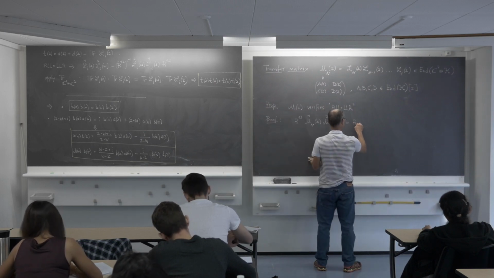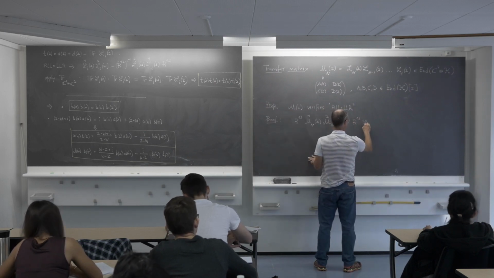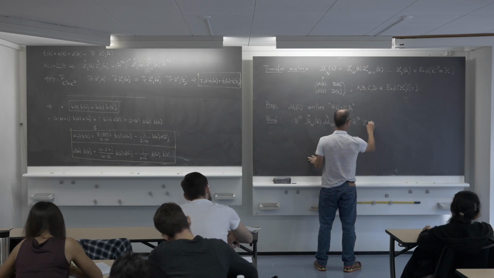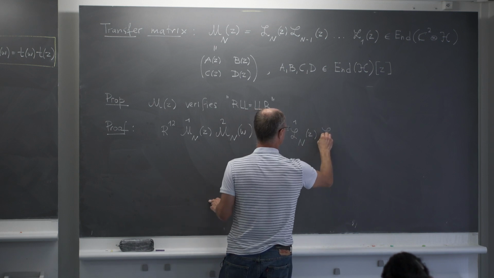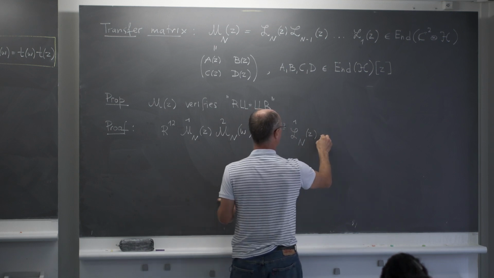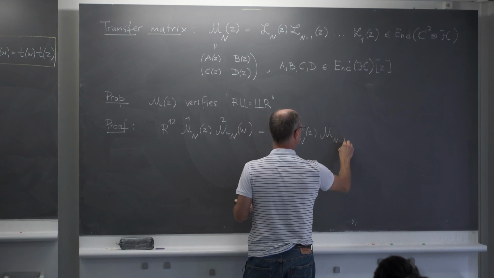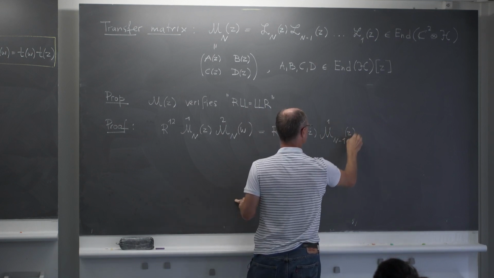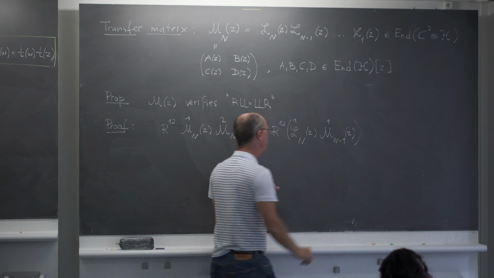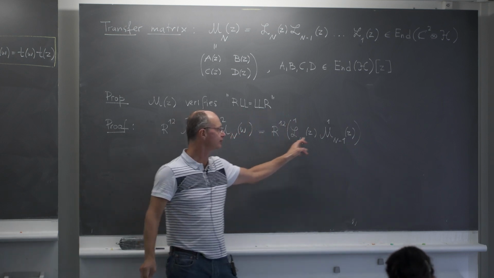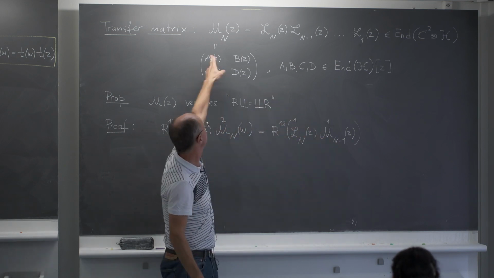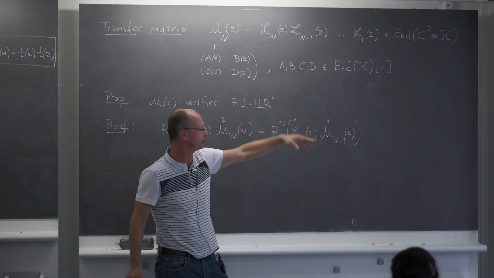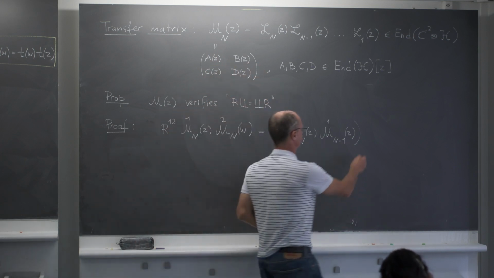Let me rewrite it in the following way, right? Mn is actually a product of Ln times Mn minus 1, just by definition of Mn. The product of all the rest, that's Mn minus 1.